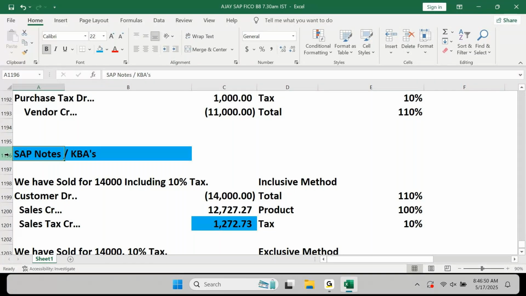If any change is required in SAP, SAP will release a note: if this is the problem, go here, do this. A KBA is: in case of this behavior, in case of these errors, you verify this. It is only for knowledge purposes, a knowledge-based article given by SAP for the benefit of the consultant.